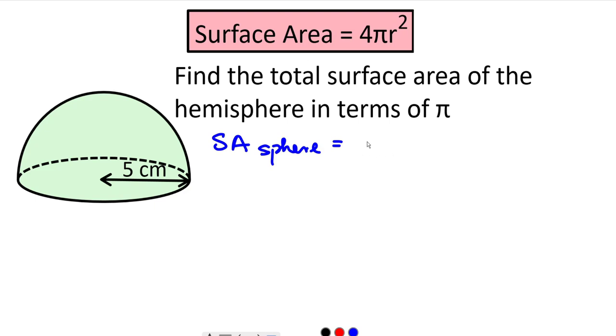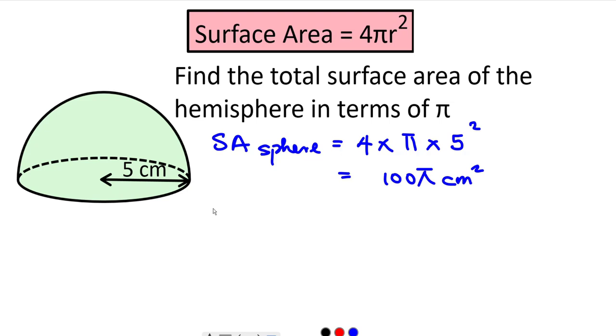which is given by the formula 4 times pi times the radius squared, and this time the radius is 5, so it's going to be 5 squared. If you multiply this, 5 squared is 25, and 25 times 4 is 100 pi, and in terms of units, it's going to be centimeters squared. You will notice that I left my answer in terms of pi. Good. So next, I have to work out the surface area of the hemisphere, which is actually half of the full sphere.